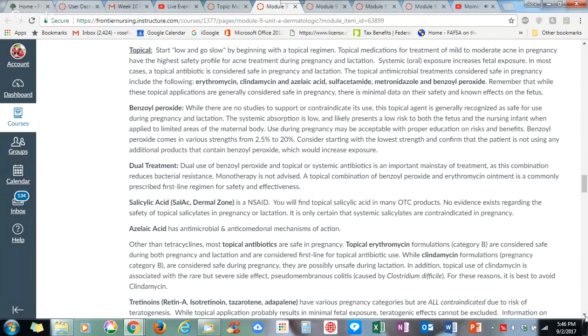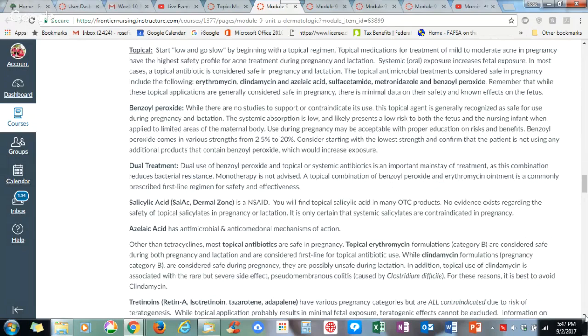The topical antimicrobial treatments considered safe in pregnancy include the following: erythromycin, clindamycin, and azelaic acid, sulfacetamide, metronidazole, and benzoyl peroxide. Remember that while these topical applications are generally considered safe in pregnancy, there is minimal data on their safety and known effects on the fetus.